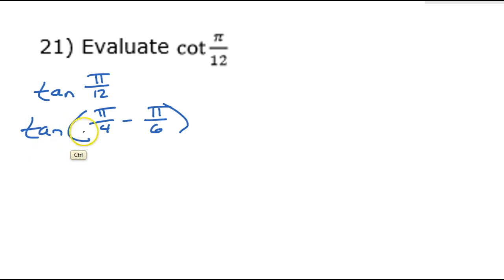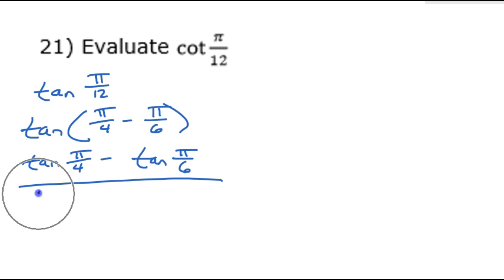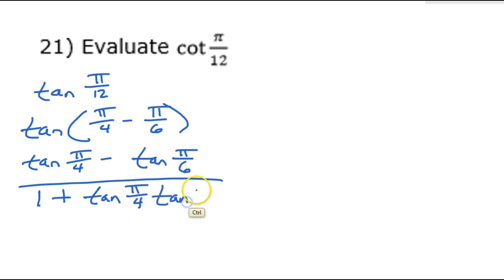Now the tangent formula goes tangent minus tangent over 1 plus tangent tangent. So I'm going to have tangent pi over 4 minus tangent pi over 6 over 1 plus, notice the sign change, tangent pi over 4 tangent pi over 6.